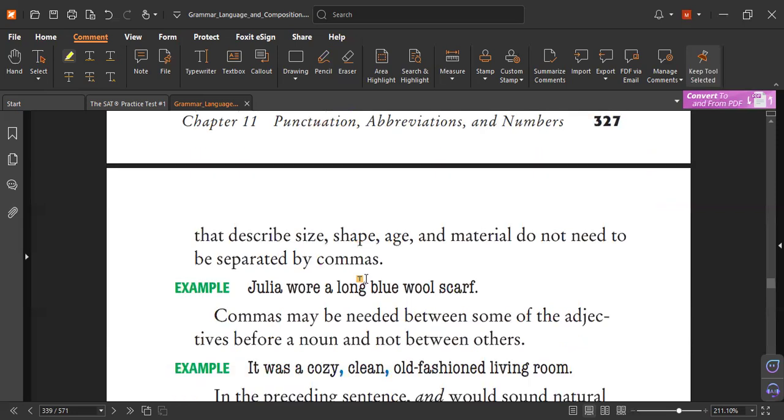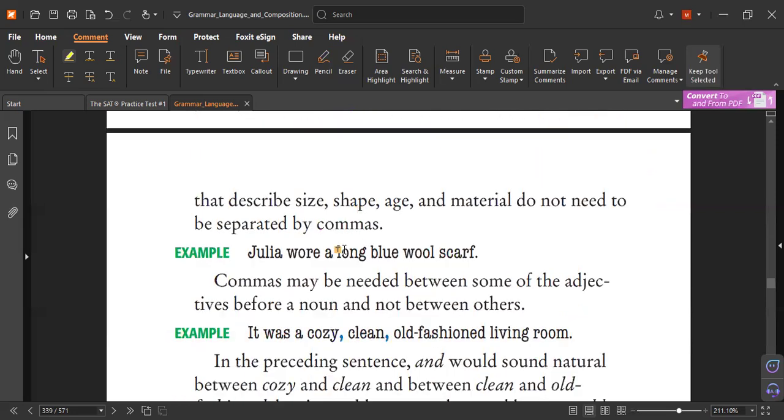For example, this is the order of the adjectives: size, shape, age, material. They do not need to be separated by commas. Here, for example, look, size, long. After size, we can have shape or material. Look, material. Look here for the color.